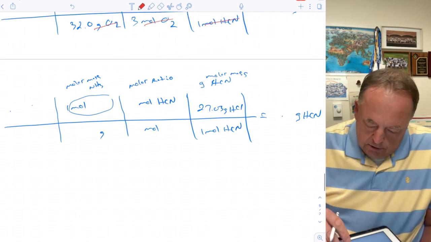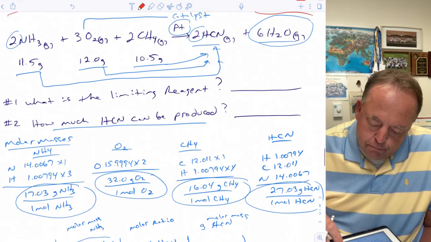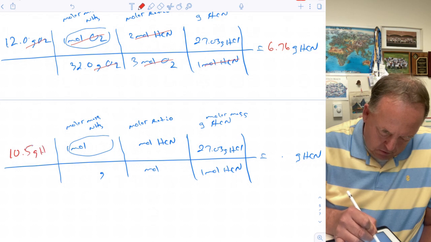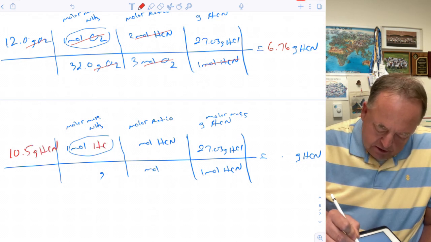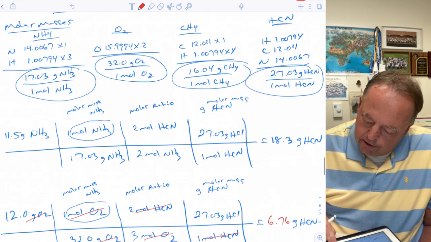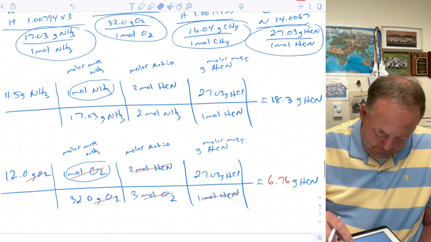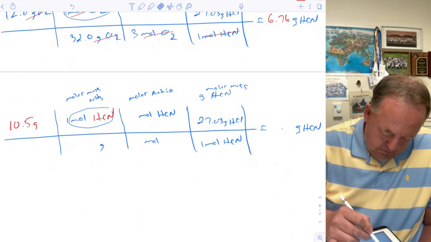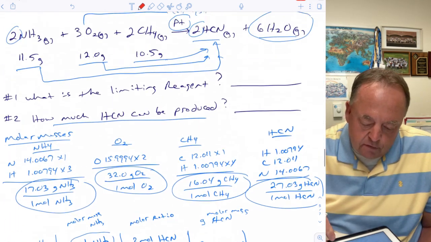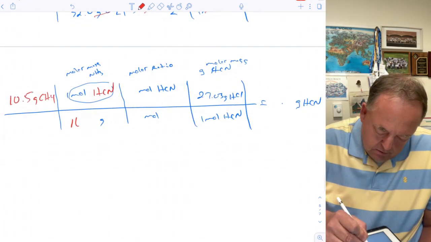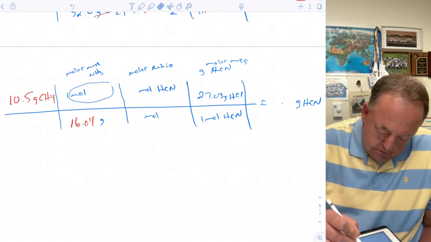So how much of that did we start with? 10.5 grams. We need the molar mass, not HCN, CH4, sorry. 10.5 grams of CH4, and its molar mass is 16.04. And this is CH4.